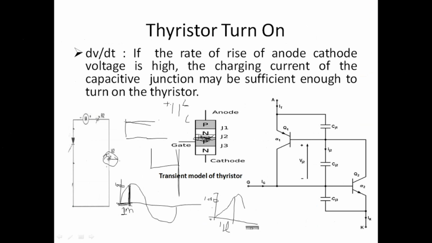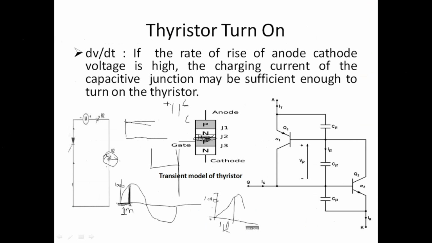Once it is forward biased, it does not play a major role because it is very narrow and its role is almost 0, because carriers are passing through it. It is already forward biased, so it is not blocking the carriers. It is not dominant. It is playing a minor role. We are neglecting these two capacitors.